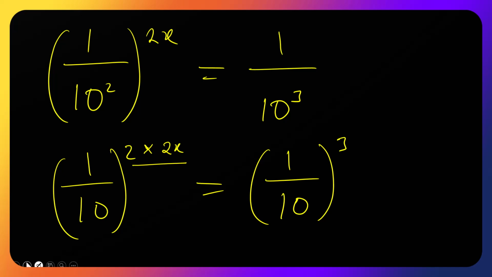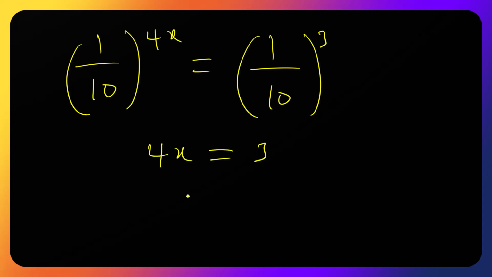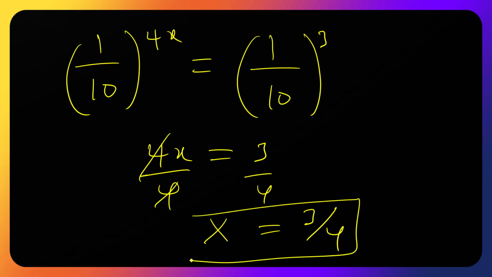So we have 1 over 10 to the 4x equals 1 over 10 all to the power of 3. So we have equal bases, so we can say 4x equals 3. Divide both sides by 4. My x is straight away 3 on 4.